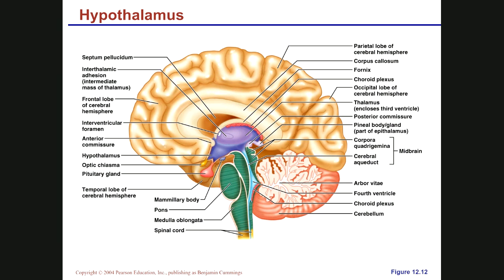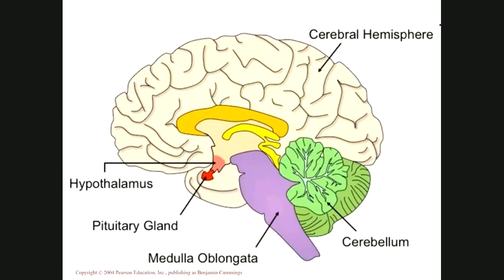If you look hanging down from the hypothalamus, you'll see the pituitary gland. And the hypothalamus controls the pituitary gland. The pituitary gland then controls a bunch of other endocrine glands. And so the hypothalamus is the master of all of those endocrine glands. If you look at it, you can see it here in shaded form, and you can see the connection it has to the pituitary gland.